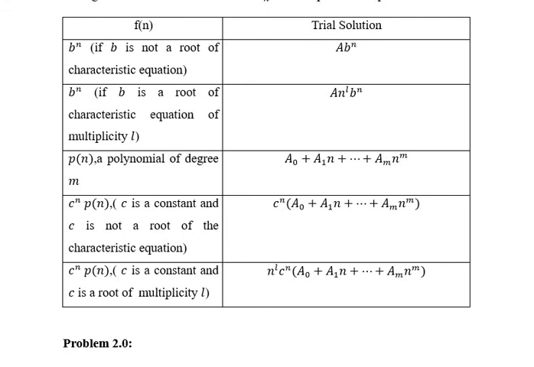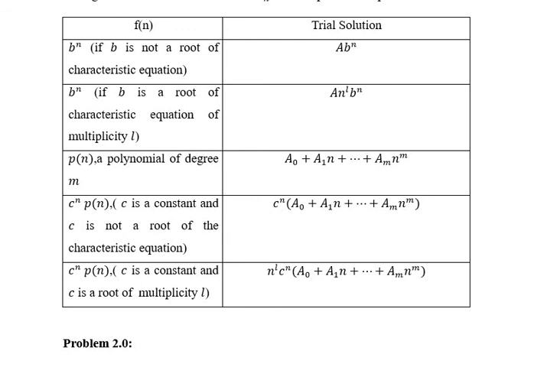Okay, next is a polynomial, that is p(n), a polynomial of degree m. So your trial solution will be a0 plus a1 n plus etc. plus am n raised to m. Now c raised to n times your polynomial, where c is a constant and c is not a root of your characteristic equation, then the trial solution is c raised to n into a0 plus a1 n plus etc. plus am n raised to m.